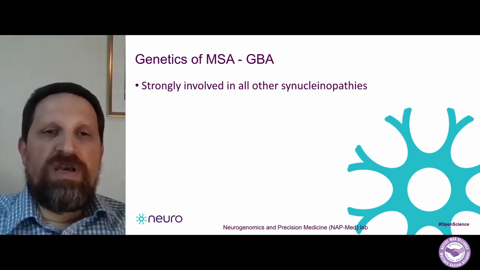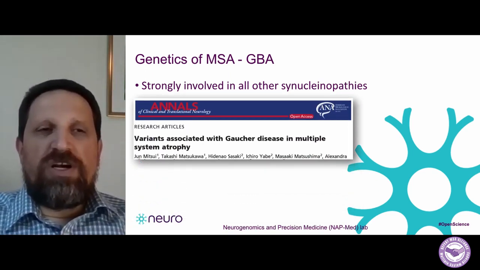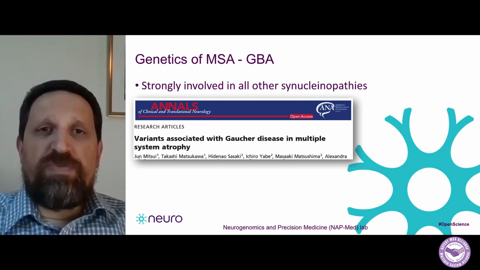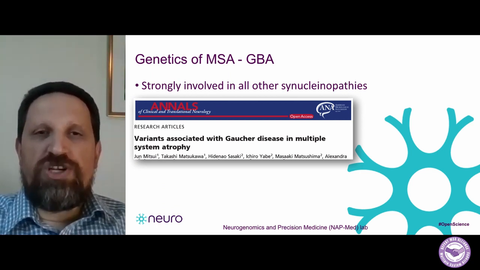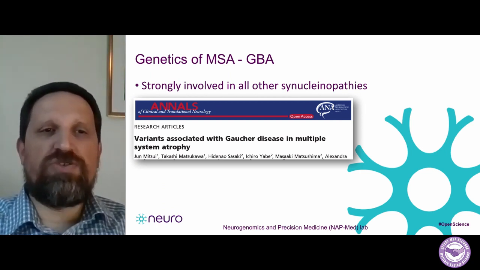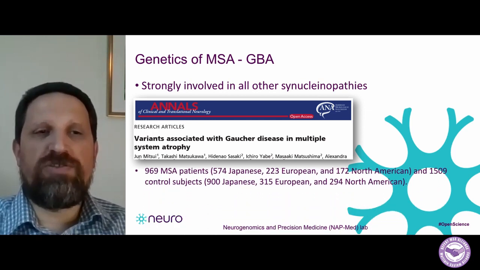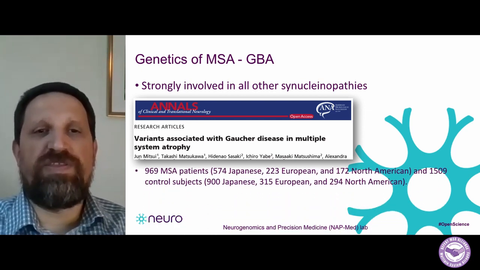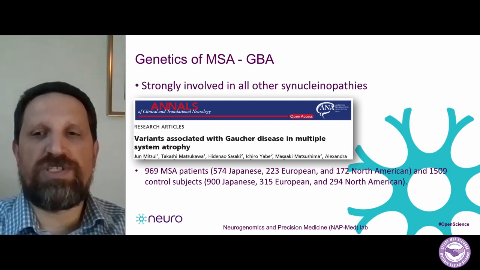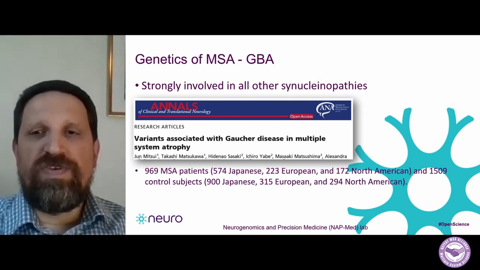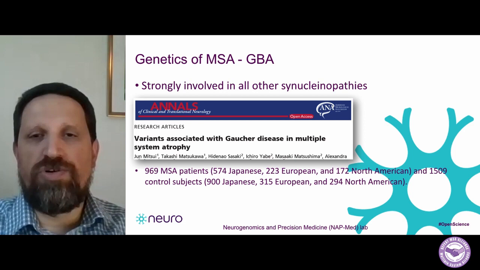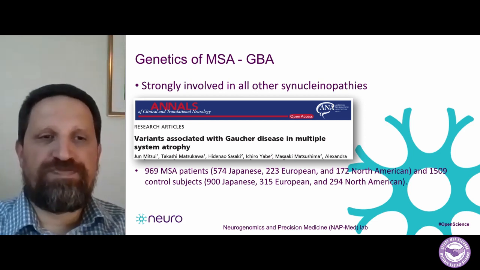Let's see. So this is probably the largest study that has been performed on GBA mutations in MSA. It included 969 MSA patients from different ethnicities that you can see detailed here on the screen, and over 1,500 healthy control population.